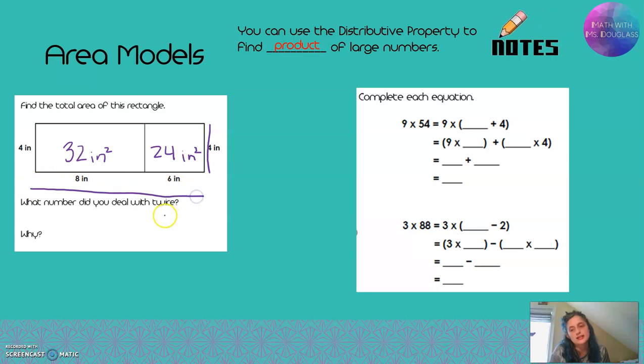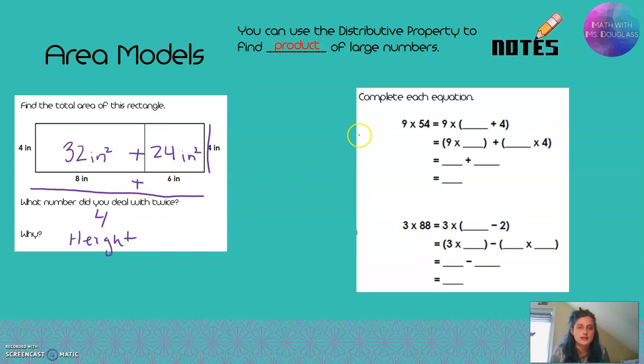What would you have done with that 8 and that 6? Could have added them together, just like we're adding the final two areas together to find the total area. This is a way we can show in picture form what's really happening in the distributive property.